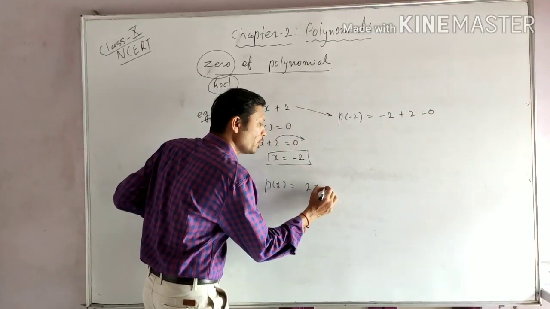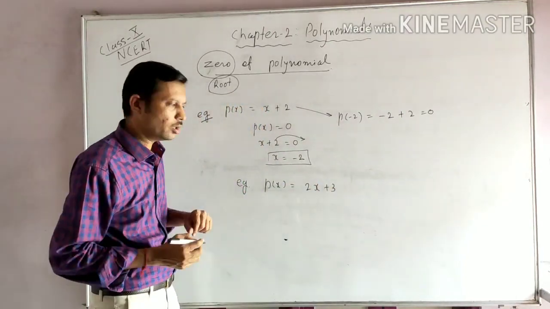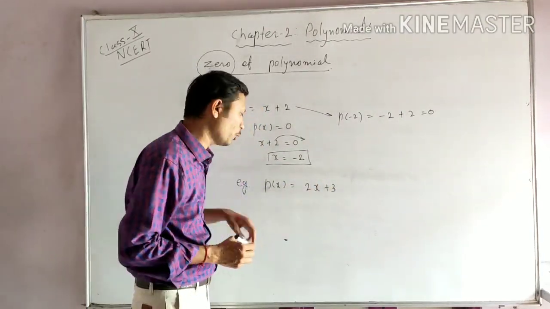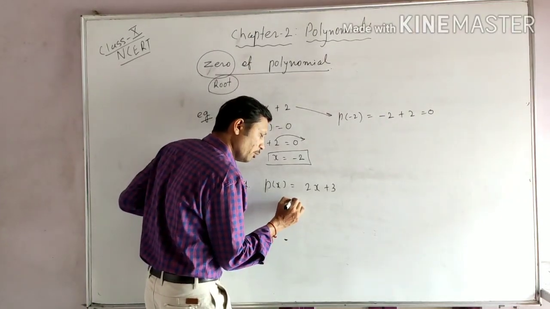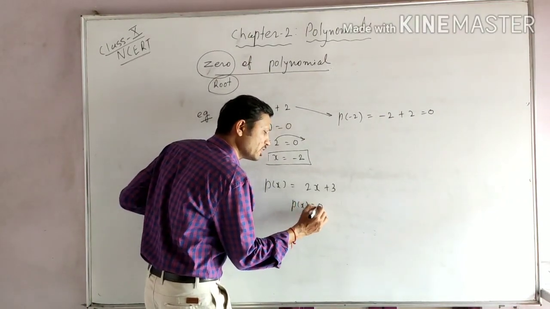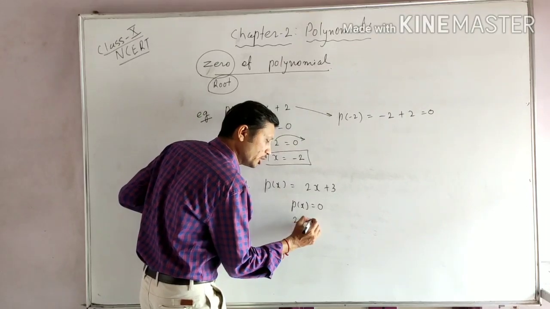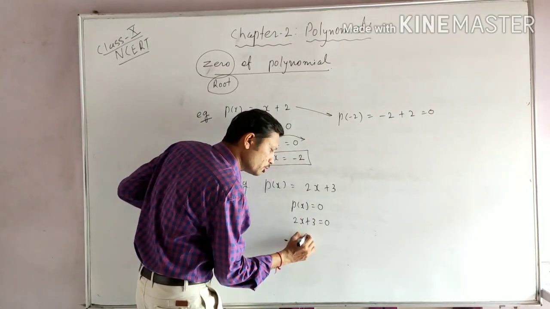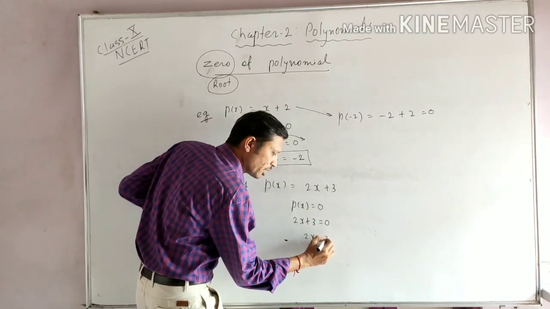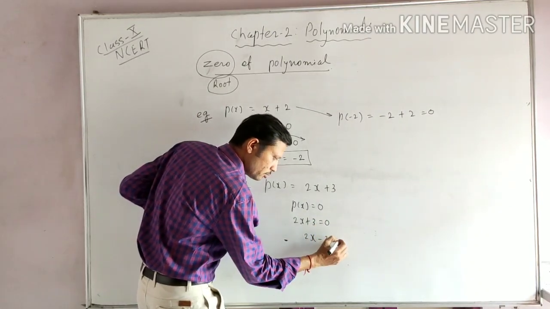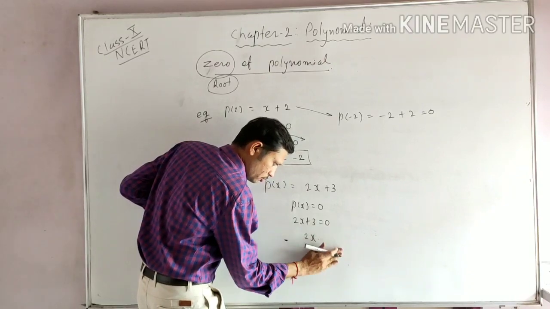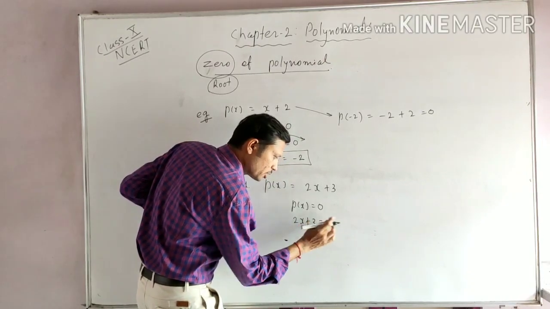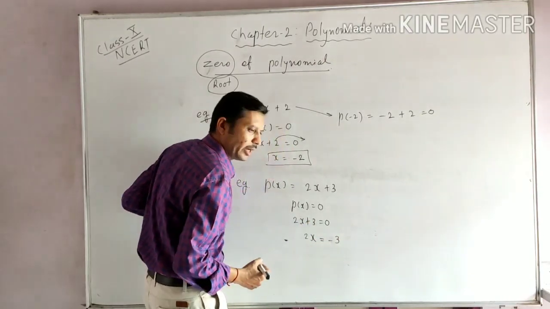Suppose I have 2x plus 3, that is one polynomial, and I want to find out the zero of this polynomial. So simply I have to compare this polynomial with 0. That means 2x plus 3 is equal to 0. Plus 3 goes to the right side and becomes minus 3.